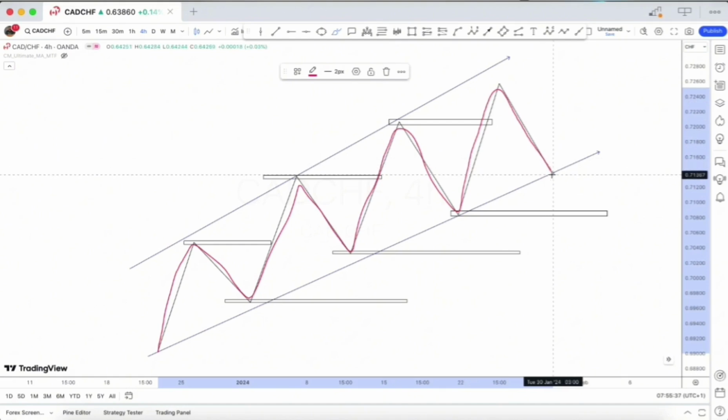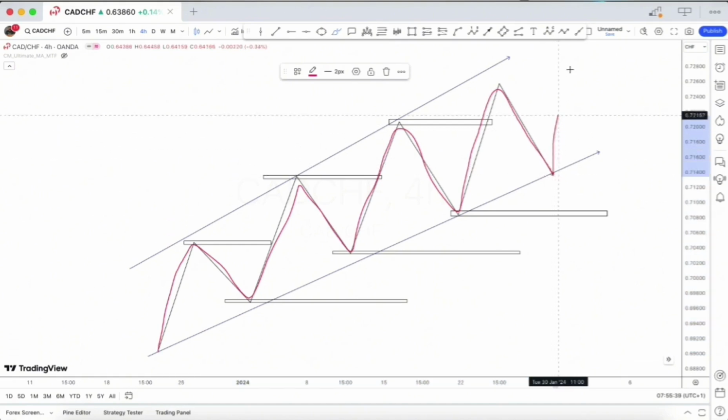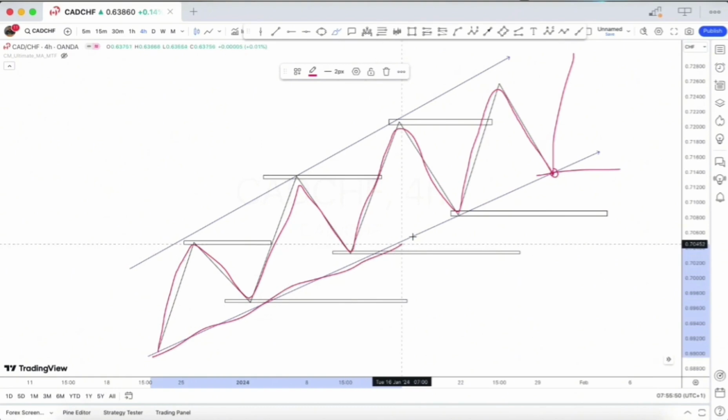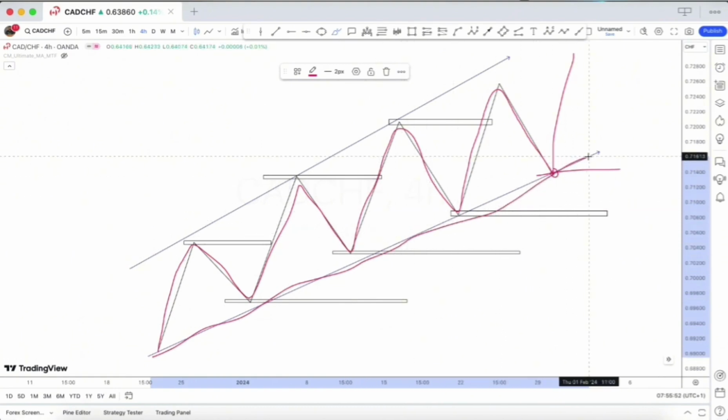You know that after every correction comes an impulse, so we're expecting the market to move to the upside. Once price respects this level, this automatically becomes our support, and we know for sure that this trend support level is going to hold.